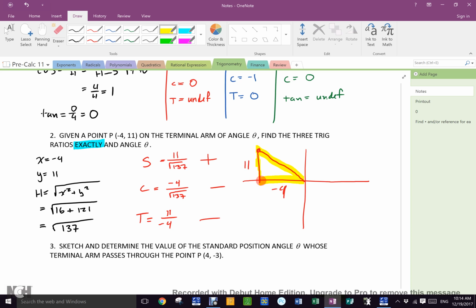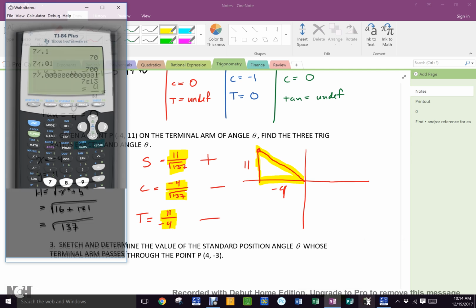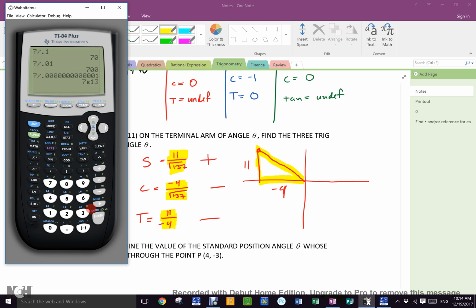It is shift. Which one can I shift? I could do shift tan, but could I also not do shift sine, shift cos, or shift tan? Why would you choose tan? Because there's no root. So everybody get out their calculator and tell me what shift tan is.